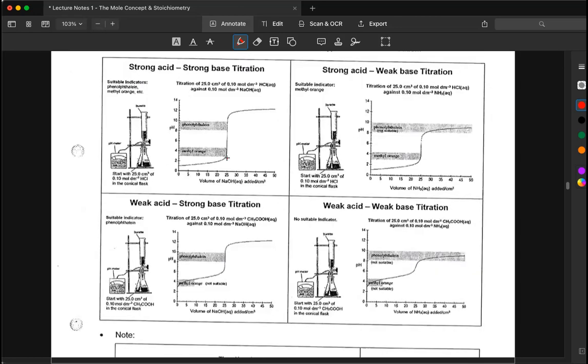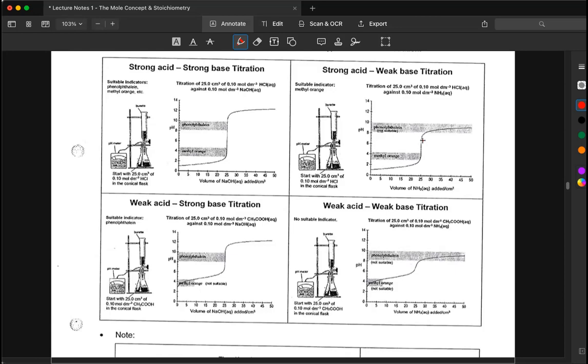Like strong acid, strong base, suitable indicators include phenolphthalein and methyl orange. You can see that the pH jump is quite long, so you have more suitable indicators. As for strong acid, weak base, the pH jump is smaller in range.